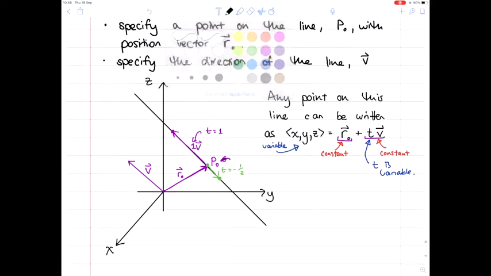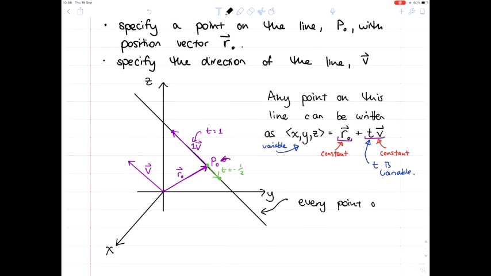So just to summarize that, every point on this line has the position vector r, which is this bit here, equal to the position vector of the point on the line plus some scalar multiple of the direction.